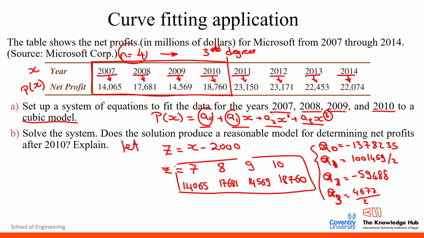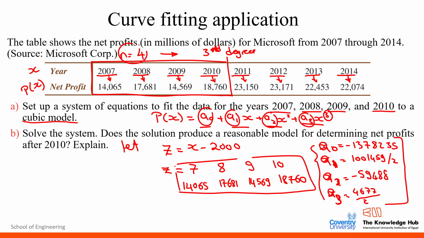So I can rewrite the equation using the coefficients here, and I can solve for p, which is pretty easy here. Solve the system, so I can solve it with any methods like Cramer's rule, matrices, or Gaussian elimination. Does the solution produce a reasonable model for determining net profits after 2010?